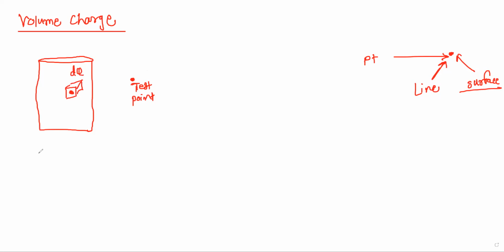And we know that for volume charge, dq is equal to rho v dv. Rho v is the volume charge density.